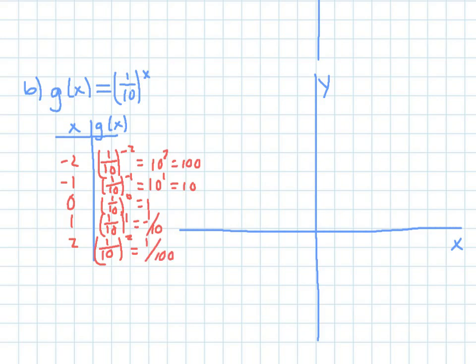Okay, so here it's just kind of the opposite fashion. So we're going in the opposite direction. So my 100 at negative 2, my 10 at negative 1 is all the way up there. Then 0, 1, and then 1, 1/10, and 2, 1/100th.